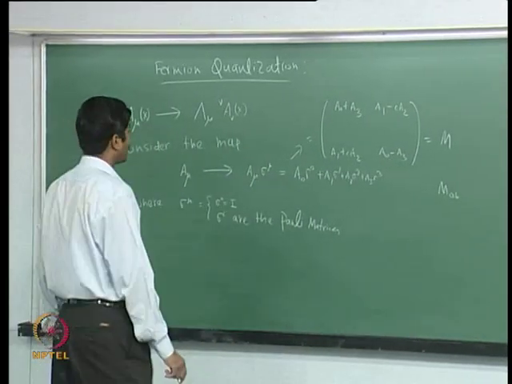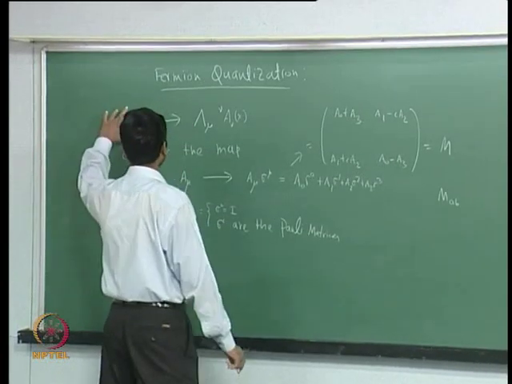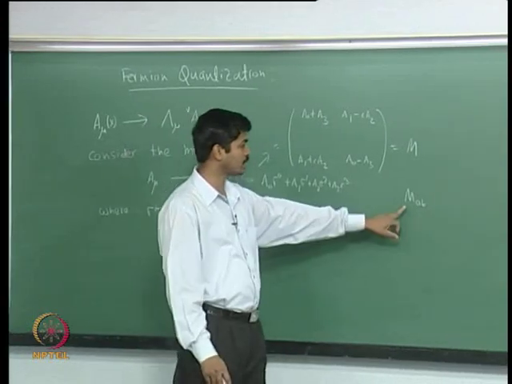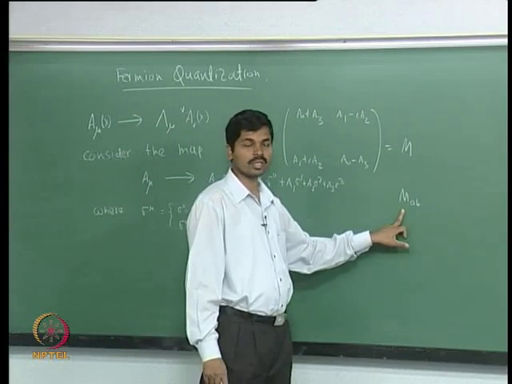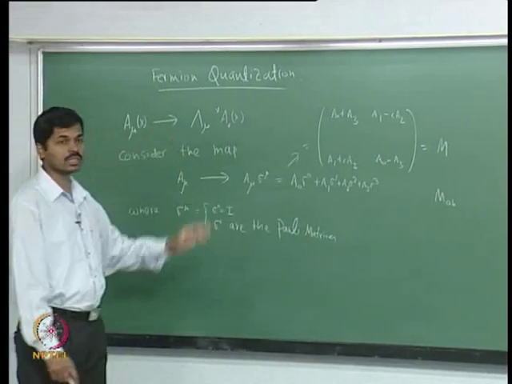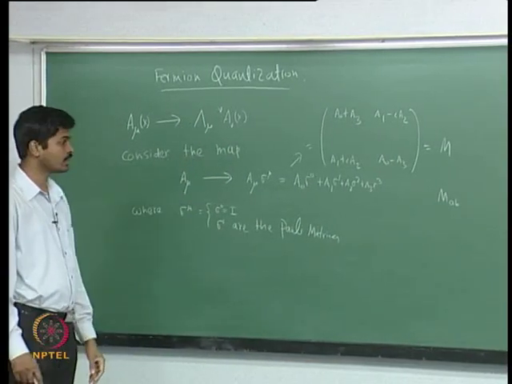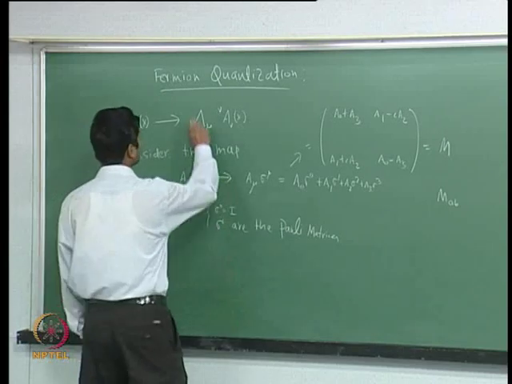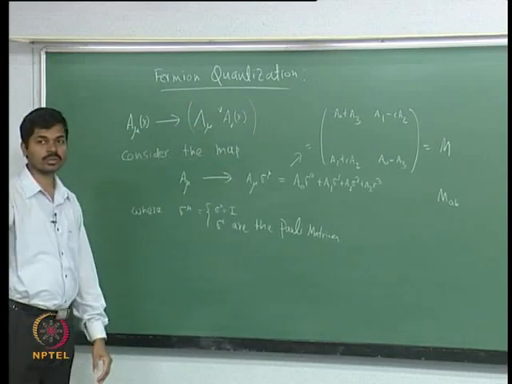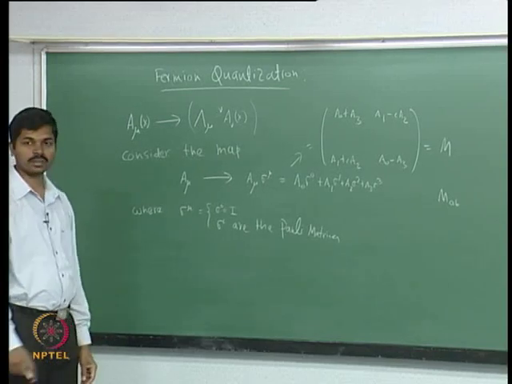Or in other words, if you make a Lorentz transformation here, how do the elements of this matrix M_AB transform? This is just a fancy way of rewriting this very simple transformation rule for a vector field.